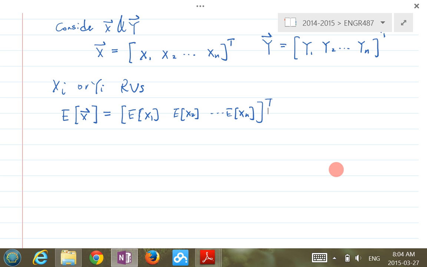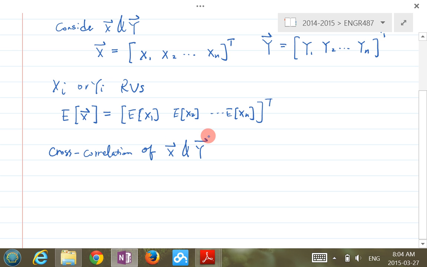Before, if it's a single random variable, we have the concept of variance, covariance, and we also have the concept of correlation. Now we have a random vector, so we have a new concept called cross correlation, between the x vector and the y vector.